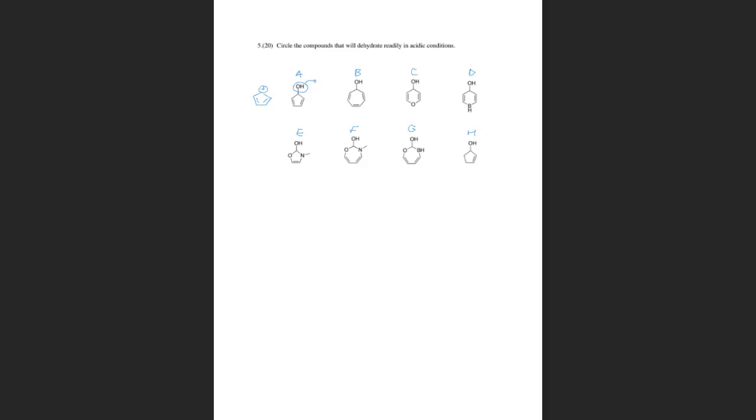Okay, we can talk about it together. So let me just pick a different color. Is A aromatic, non-aromatic, or anti? A is anti. Okay, so anti will not dehydrate. Is B aromatic, anti-aromatic, or non-aromatic?